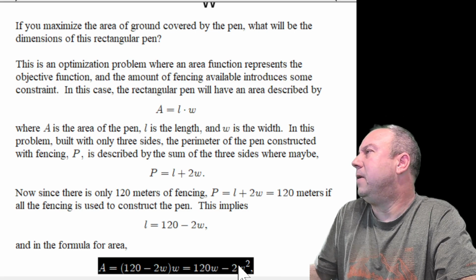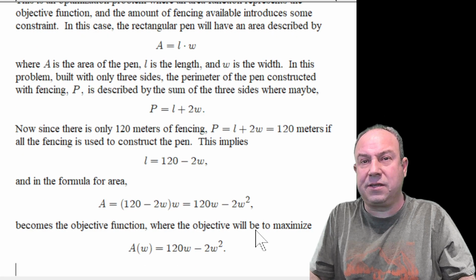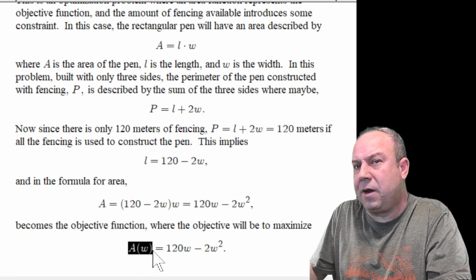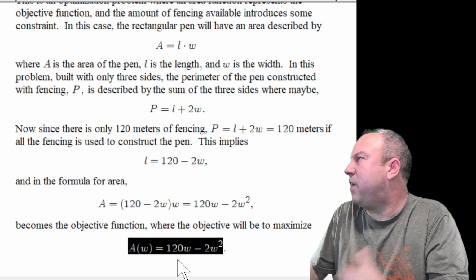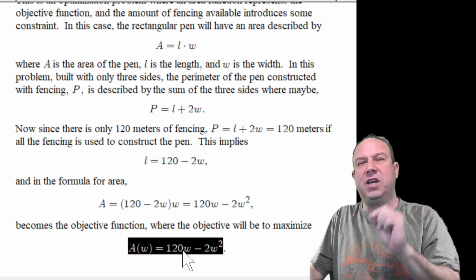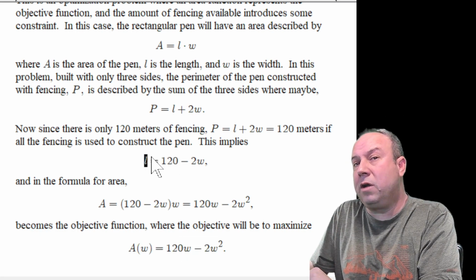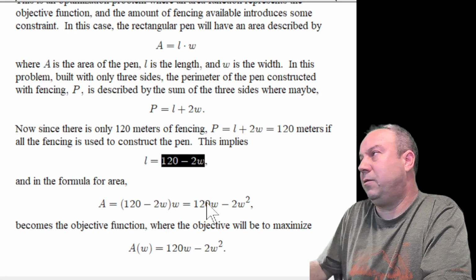Right? This being what we might note now is a function of W. The area of our pen can be described by this function of just the width, because we know our length related to our width has to be 120 minus 2W.